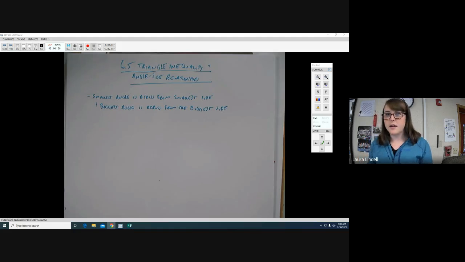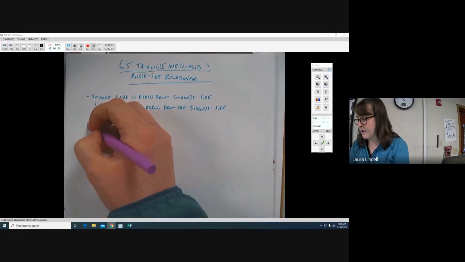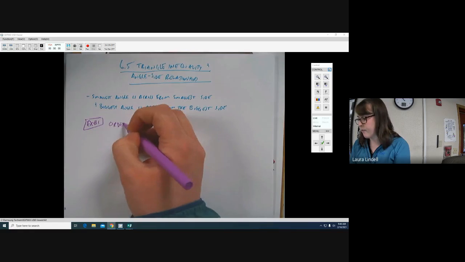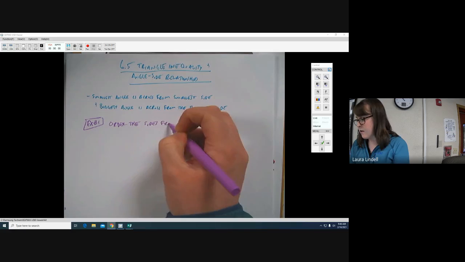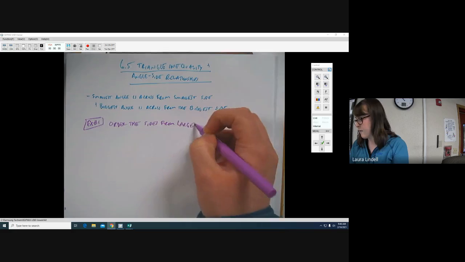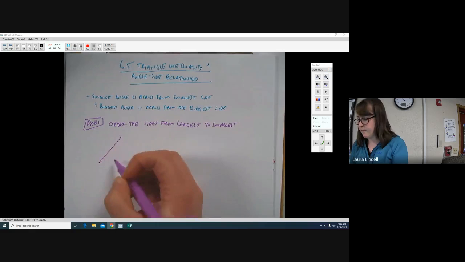So in this case, we'll do a quick example here. We want to order the sides from largest to smallest on this triangle here.